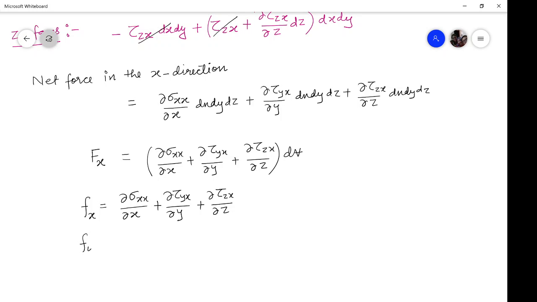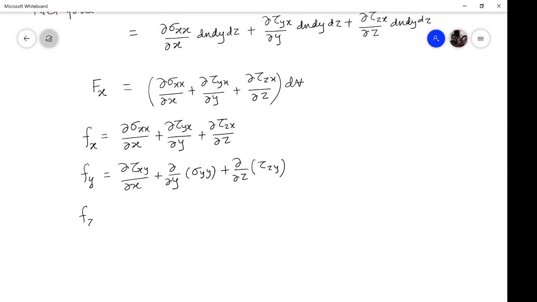Likewise, we can also go for y and z. If you solve this further, you will be able to get this particular equation for the y direction, with tau zy, and in the z direction likewise, it is tau xz plus del by del y tau yz plus del by del z sigma zz.